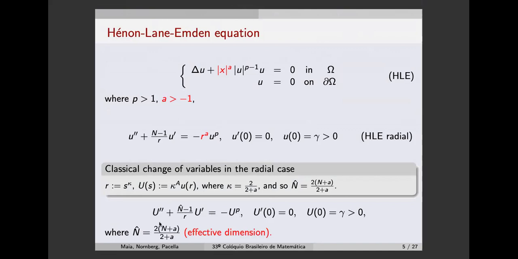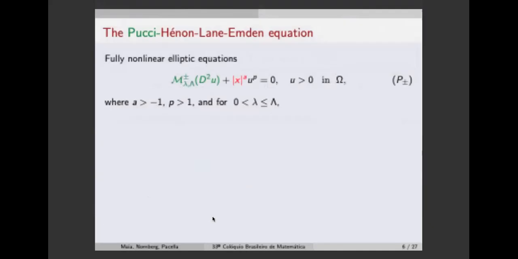So this is a Lane-Emden equation with an effective dimension. In place of n, we have this n hat after you substitute this and do the calculations. So we are able to go back and study the Lane-Emden equation with a dimension-like number in front of U'.